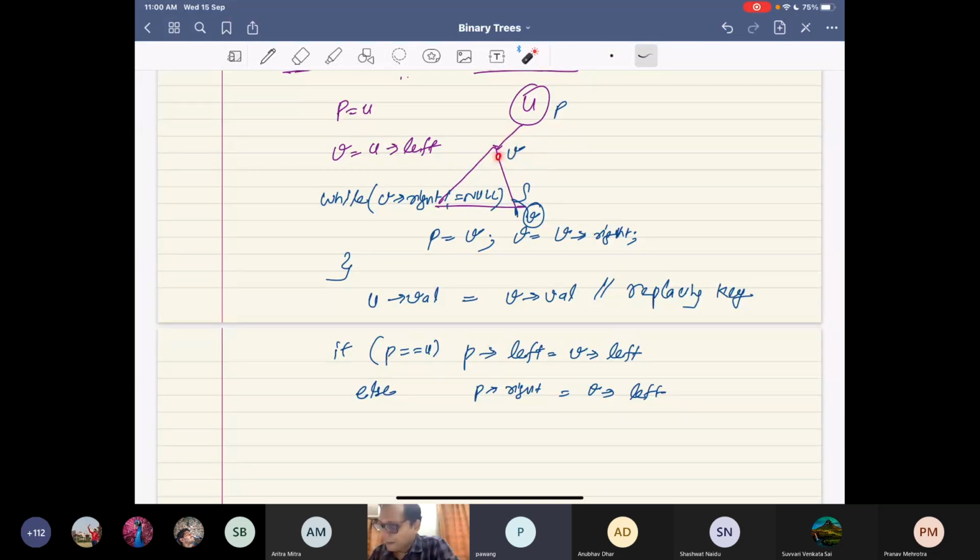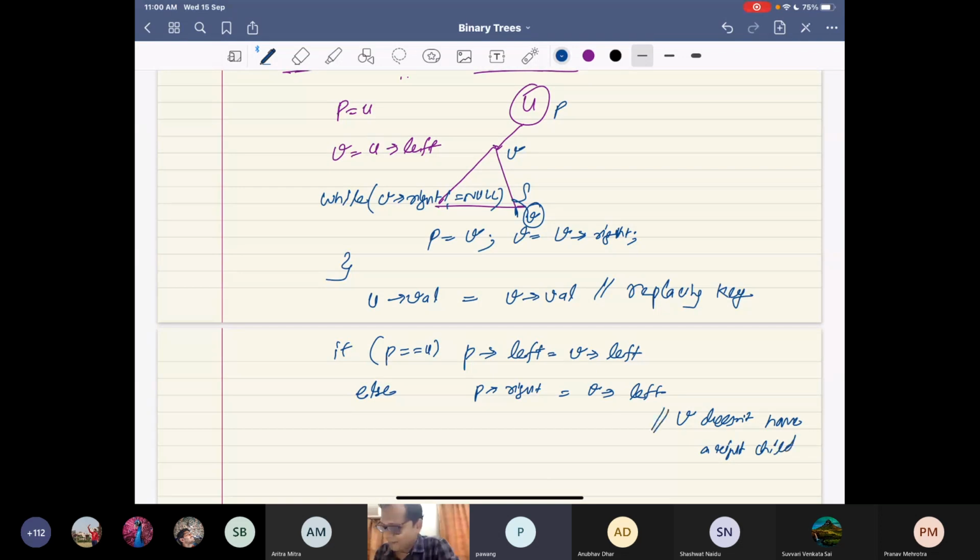Otherwise this is in the right side. So if P is equal to U, P left will become V left directly. Otherwise, P right will become V left. V only has left, V does not have right. So V doesn't have the right side.